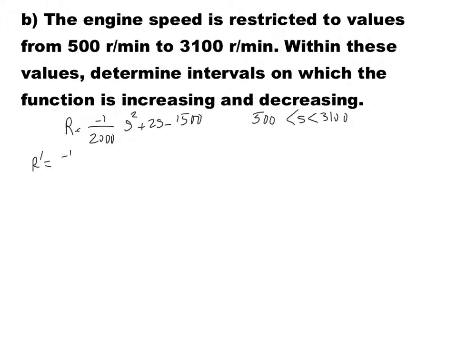R prime is -1/2000 times 2s plus 2. And we have to make this equal to 0. From here I get -2s/2000 is equal to -2, the -2 and -2 cancel, so s becomes 2000 here.